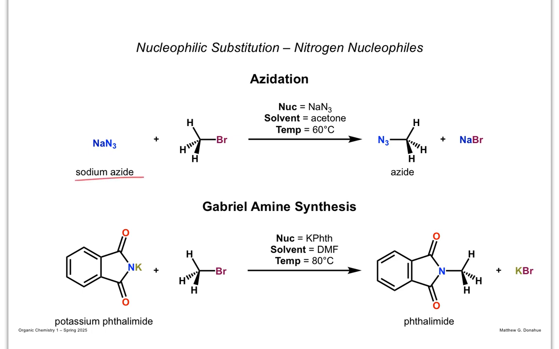The first reagent is called sodium azide. Again, that's an inorganic salt, Na+, and then N3-. What does N3- look like when we expand into a Lewis dot structure?